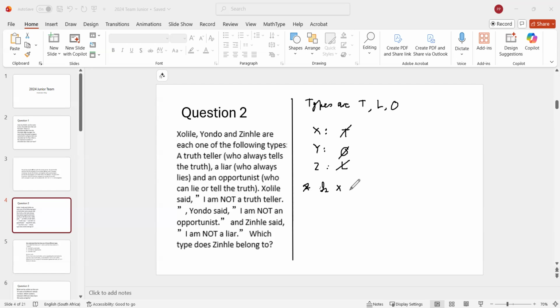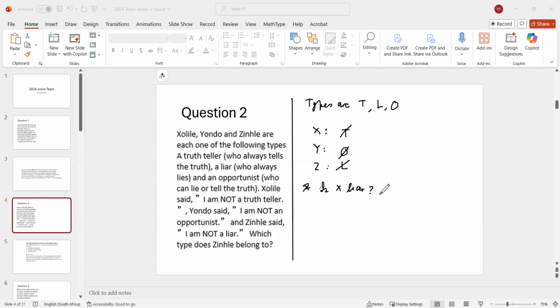Suppose you say, is X the liar? Well, if he is a liar, then he's speaking the truth when he says he's not the truth teller, right? So we can't make any... If he is a liar, then he's not the truth teller and he's speaking the truth.